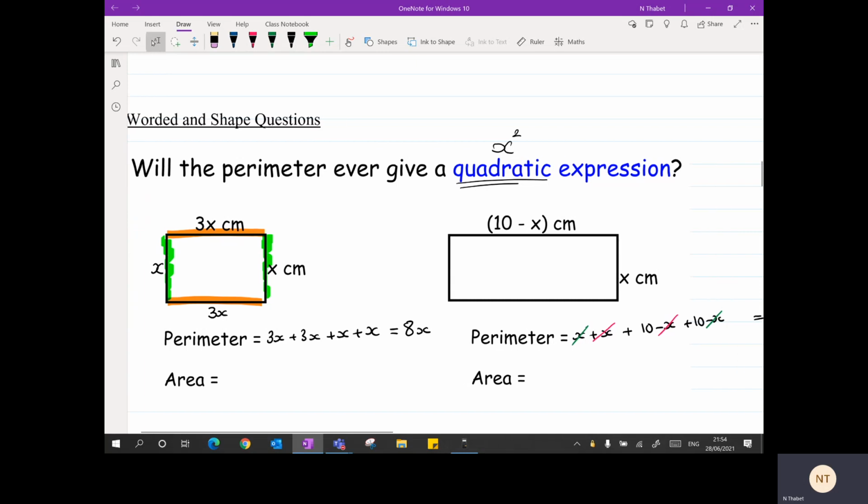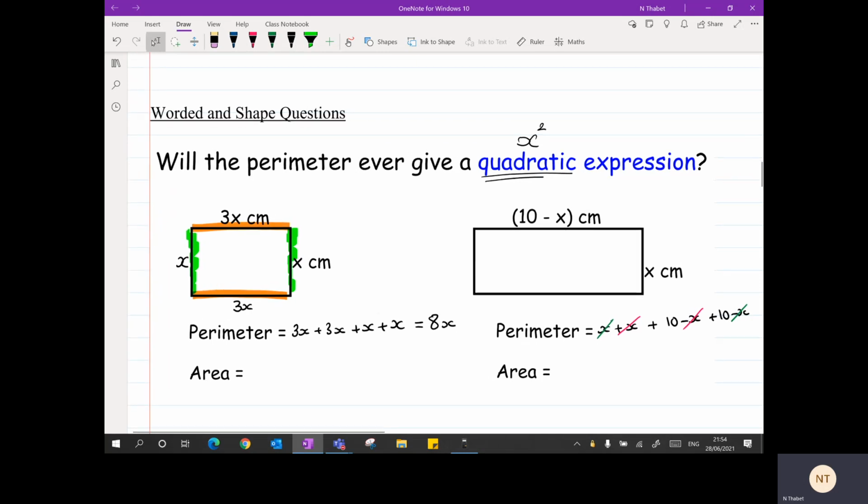The only way to get a quadratic is by finding the area of the rectangle. 3x times x is 3x squared.